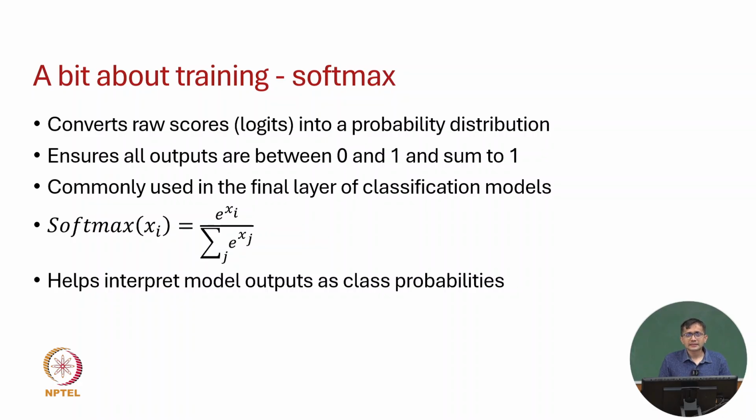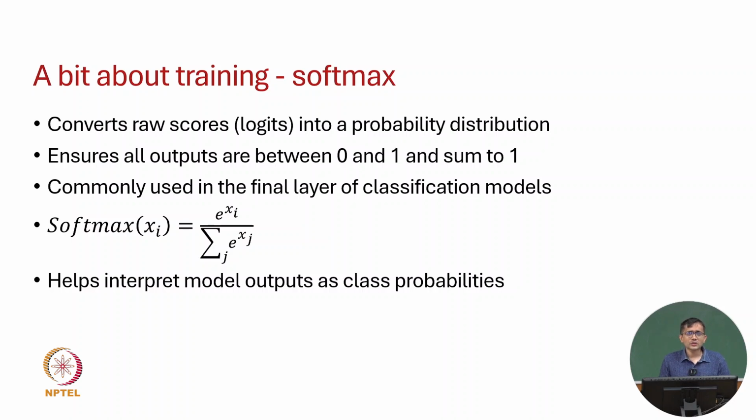What happens is that the raw scores or the logits that you get from a CNN, we would like to convert into a probability distribution, and towards this, the softmax is generally used.